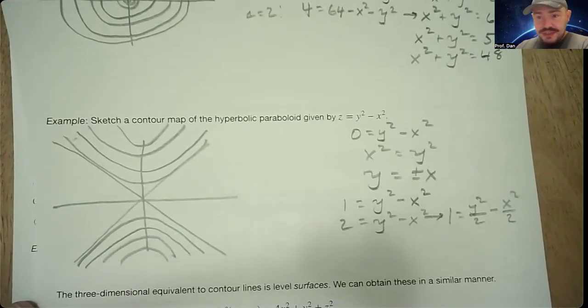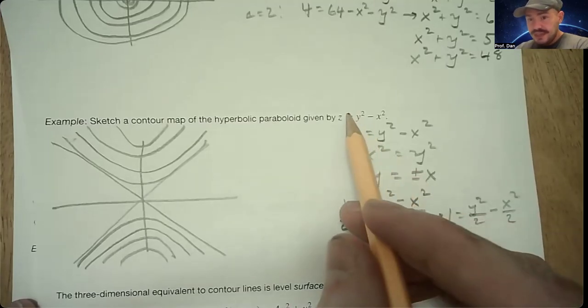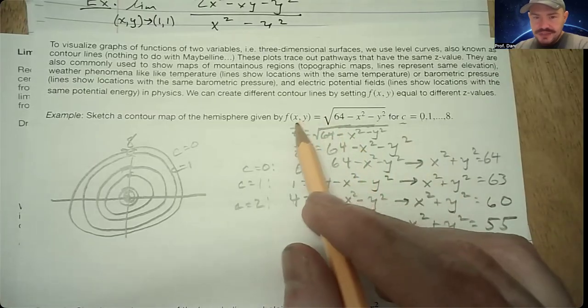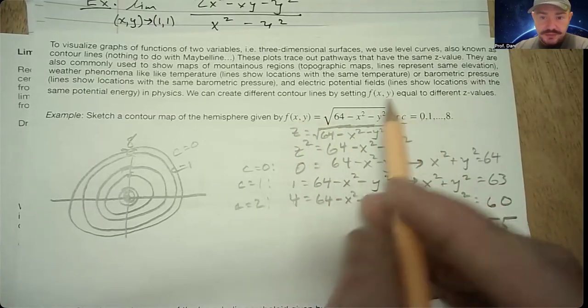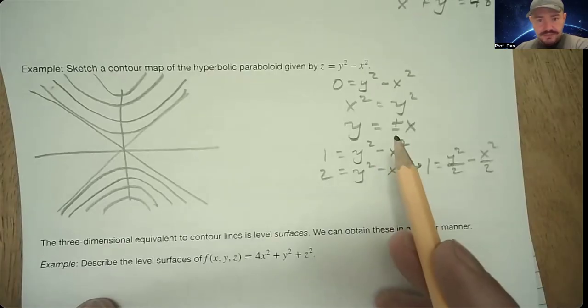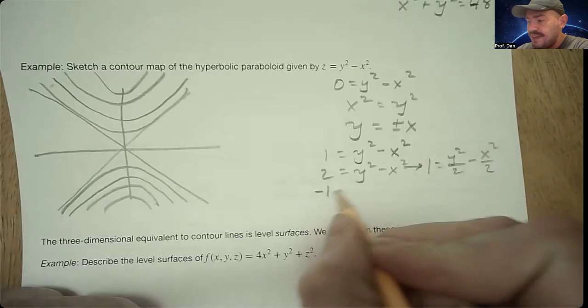However, one thing that we haven't considered yet is what happens when z is a negative value, which is possible here. In this one, it wasn't possible because z is equal to the square root of something, which, as we said, was always positive. But here, z can be positive or negative. So we should also consider what happens when we have negative values of z.